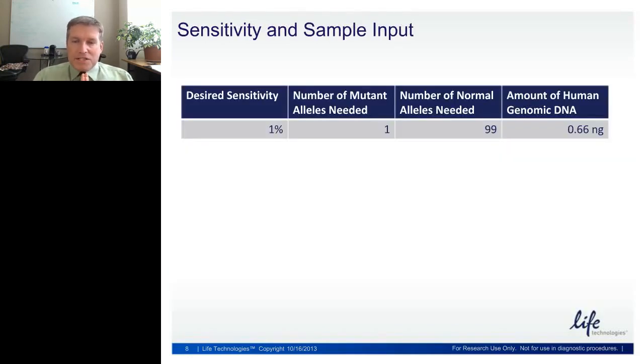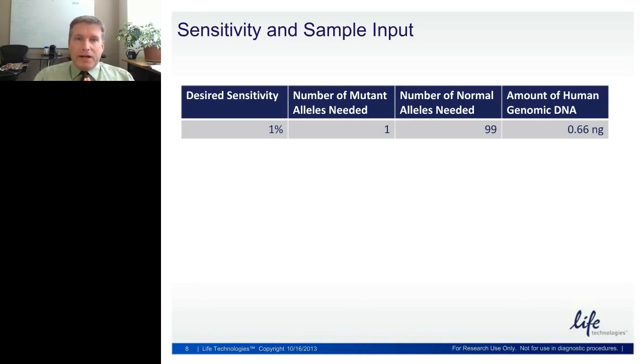So one word about the sensitivity of the reaction. The number of rare alleles that you can detect depends on the amount of input DNA that you supply. In other words, if you want to detect 1% sensitivity, one molecule out of 100, you need one mutant allele, so one target mutant in your preparation, and 99 copies of wild-type normal DNA.